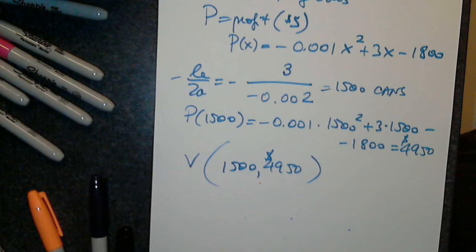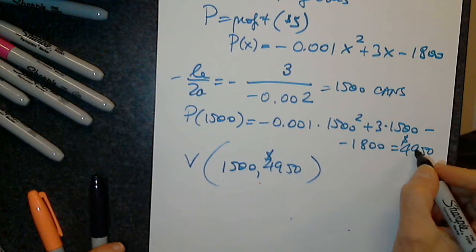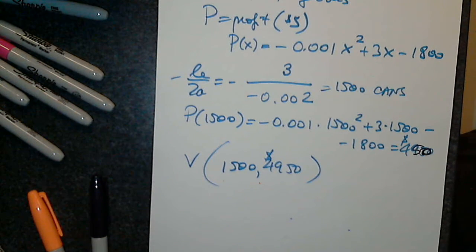So negative 0.001 multiplied by 1500 squared, and then plus 3 times 1500, that's 4500, and then minus 1800. 450? Yeah, I forgot the negative sign. That's okay. So then I correct that.